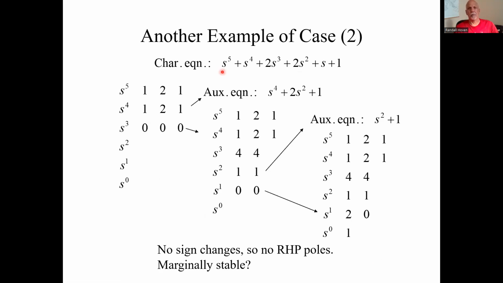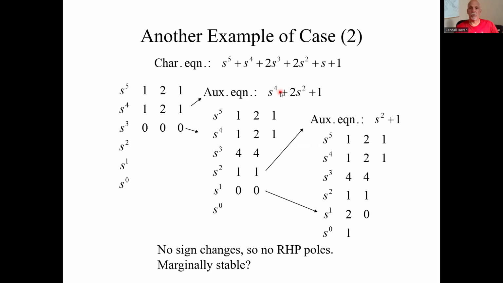Here's another example. There's the characteristic equation. Start our Routh array. We get an all 0 row up here in the S cubed row. It has this auxiliary equation from here: 1s to the 4th, 2s squared, 1s to the 0, which is this.